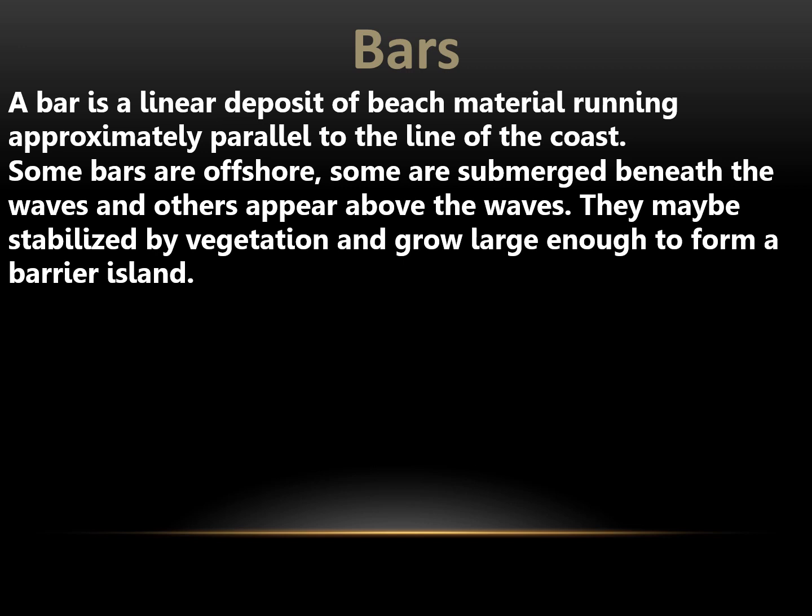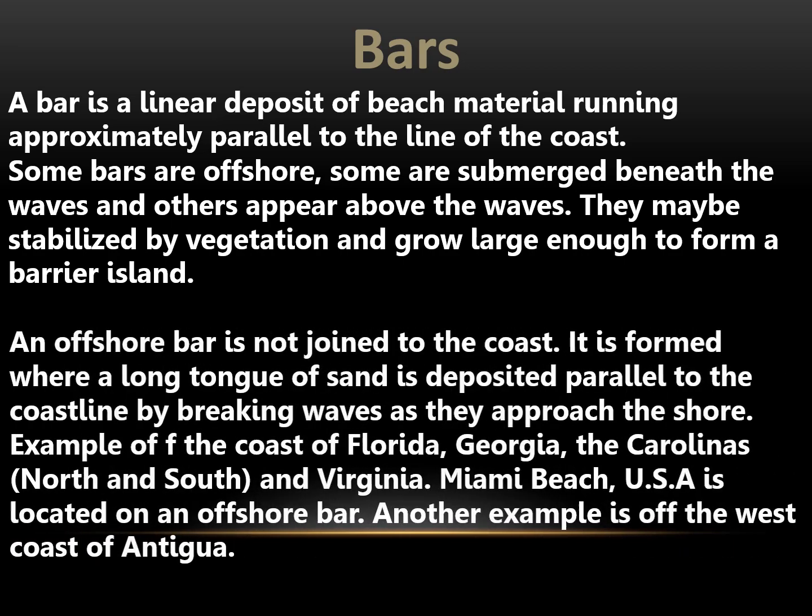All right. So some bars are offshore bars. They are not actually attached to the land, but they are out there in open sea, but parallel to the coastline. One good example of this is Miami Beach in Florida, and you can see several other examples being provided there.